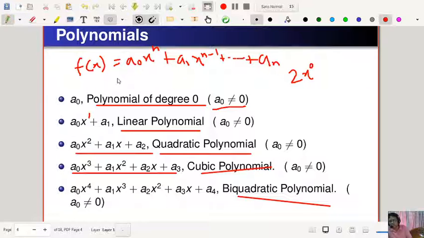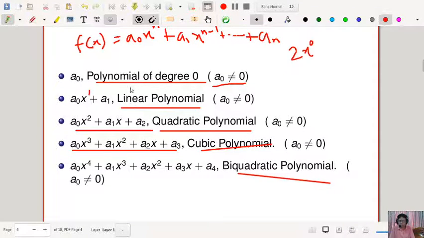That is why, before polynomials, we have learned the function. What is a function actually? Function or transformation or mapping. So a polynomial function is given by this expression. These are the examples of different polynomials: polynomial of degree 0, linear polynomial, quadratic polynomial, cubic polynomial, and biquadratic polynomial.